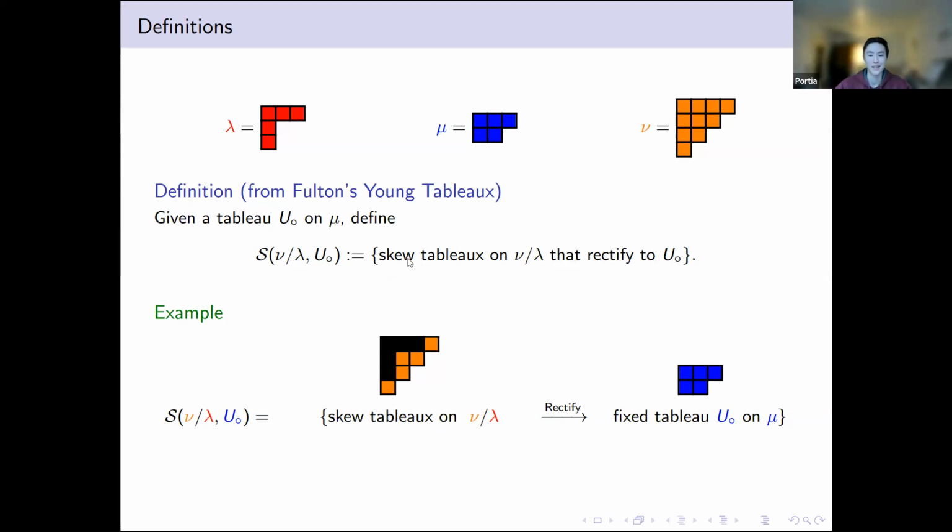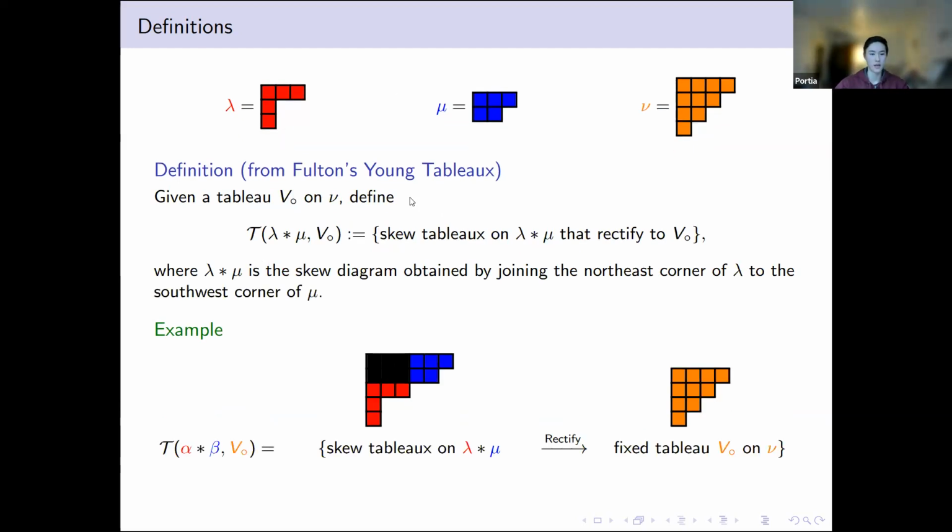So this is just the set of skew tableau on the shape nu mod lambda that rectify to this given fixed tableau U naught on mu. This is shown here in a much easier to visualize way. You take your nu and you cut out your lambda to get this, and you have skew tableau on this remaining bit, and anything that is a skew tableau there that rectifies to a certain fixed tableau over here is in this set. Okay.